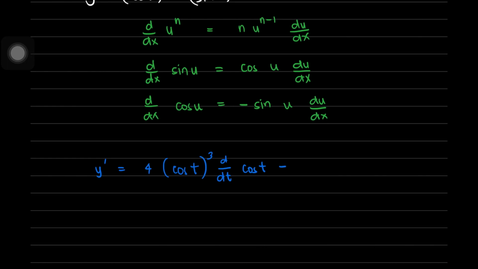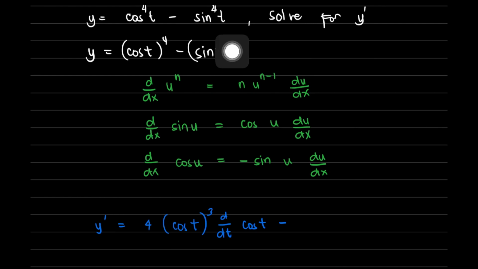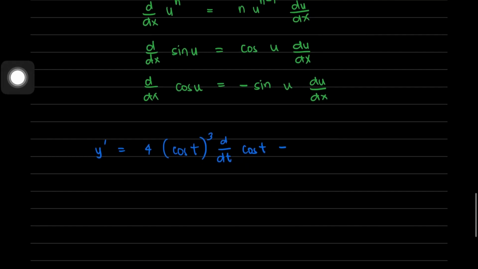Minus, right, so the derivative of sine of t raised to the 4th power with respect to t, so that would now be 4 multiplied by sine of t raised to 3 multiplied with the derivative with respect to t of sine of t.